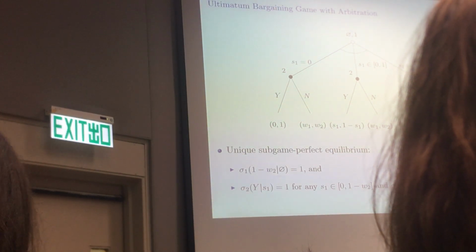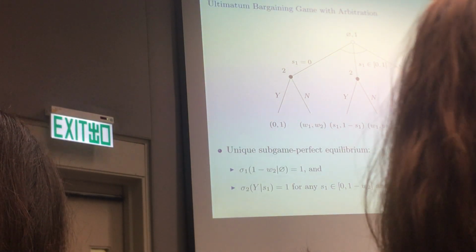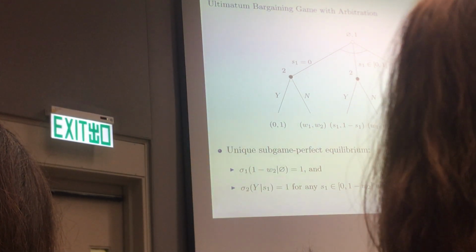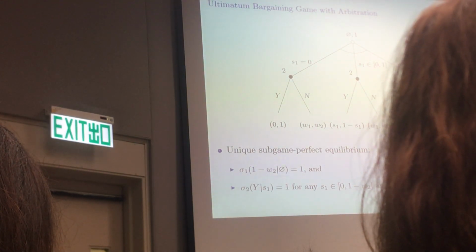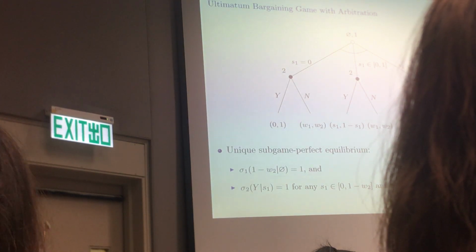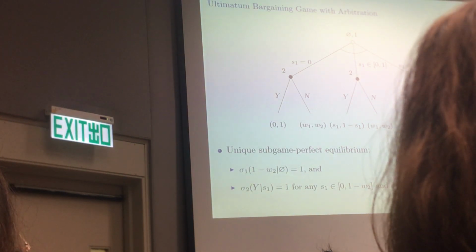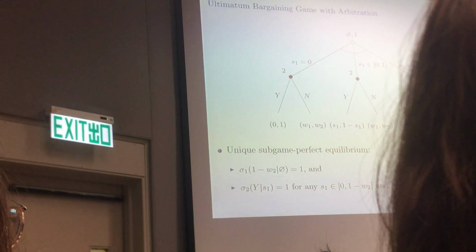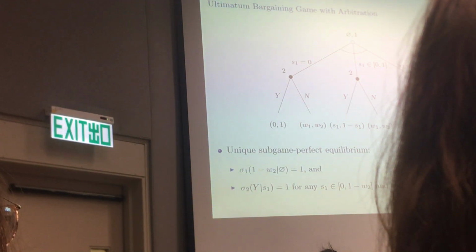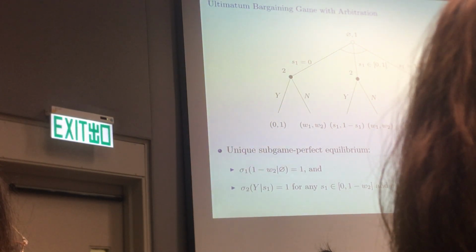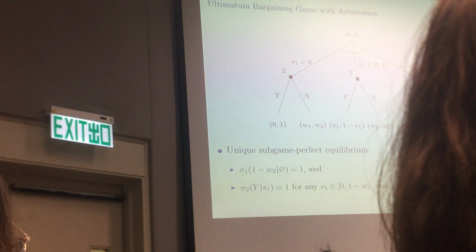Any question? Okay, so case 2: what if the inequality holds in the opposite direction? If S1 is strictly larger than 1 minus W2, which is true if and only if 1 minus S1 is strictly less than W2, then again this is the payoff from choosing Y, and this is the payoff from choosing N. So this is the payoff from the arbitration process, and this is the payoff from accepting and making a deal with the seller.